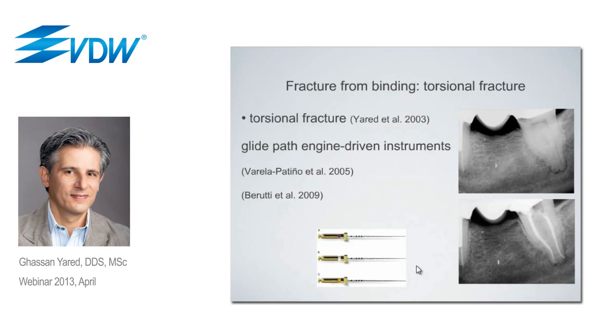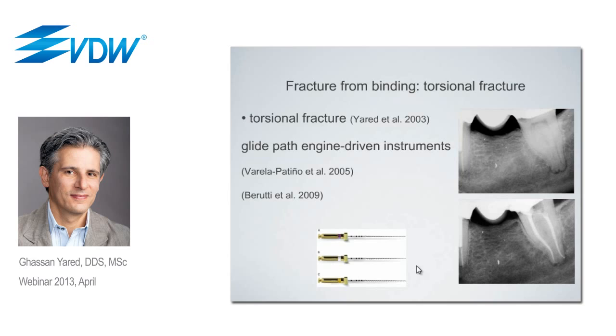However, if we were to create a glide path using these instruments, for example in this model here, we have to use these 3 instruments. So these are 3 additional instruments to be used, but even before that, we have to use a number 10 file. So we are back to the problems of using a hand file in a narrow and curved canal.